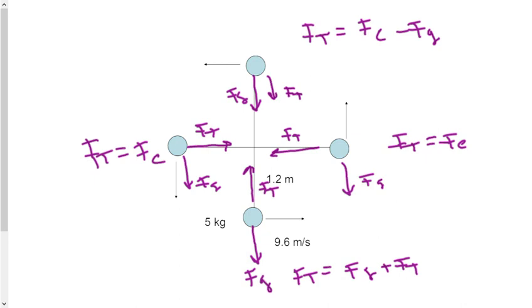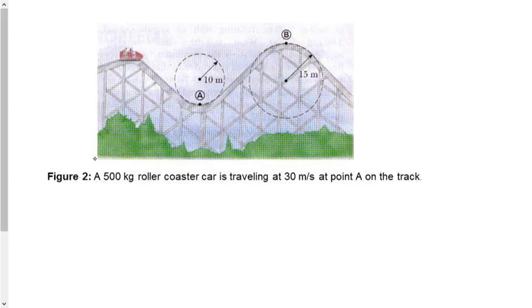A good application of this is a roller coaster. So a roller coaster going down a hill, at the bottom here, the force of the track pushing in this direction here, when the cars are there, is going to be equal to the force centripetal plus force gravity. So the track's got to do a lot more pushing at the bottom.